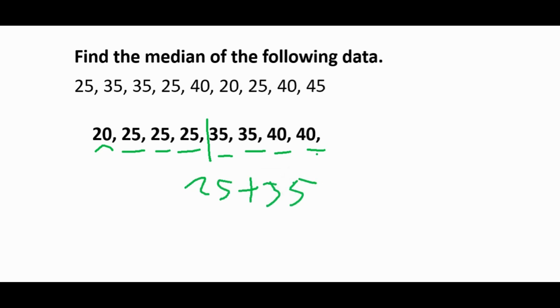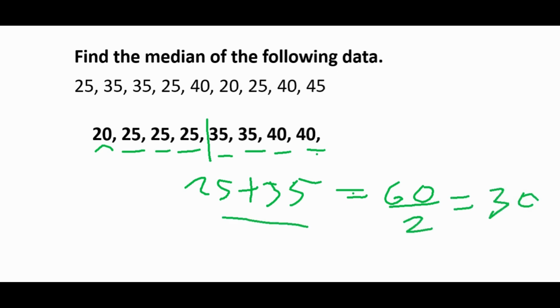That's 60. Then we divide that by the 2 numbers in our data sample, so our median in this case is going to be 30. The number in between 25 and 35 is 30, and that's what we would write. That would be our number for the median.